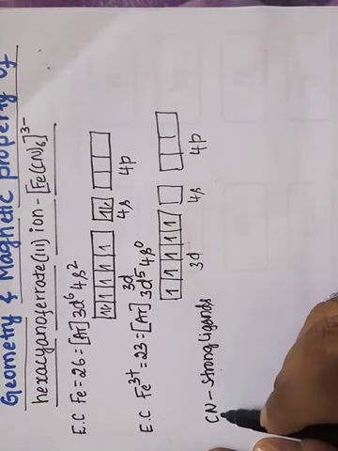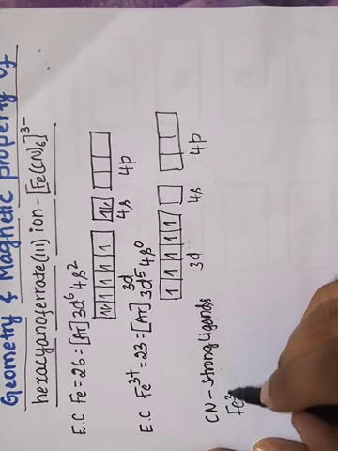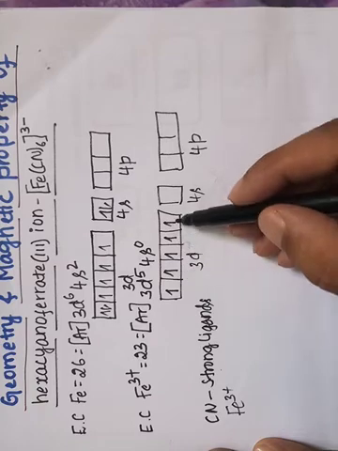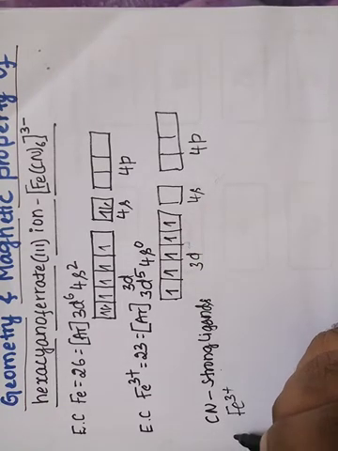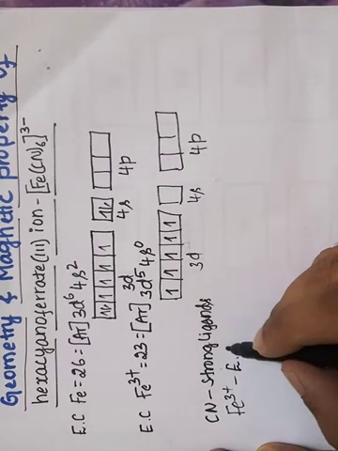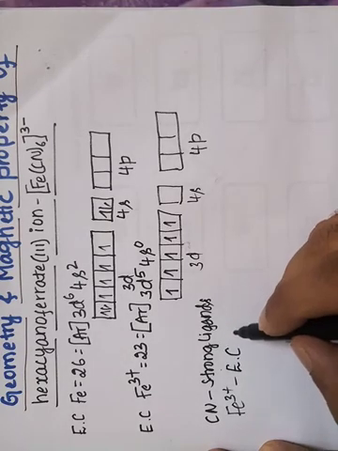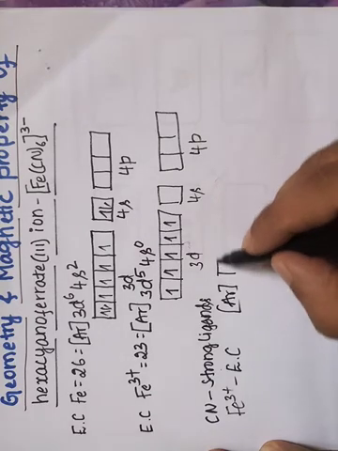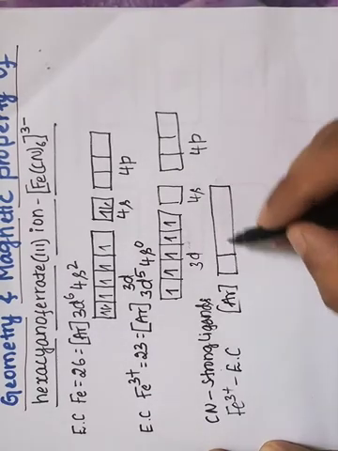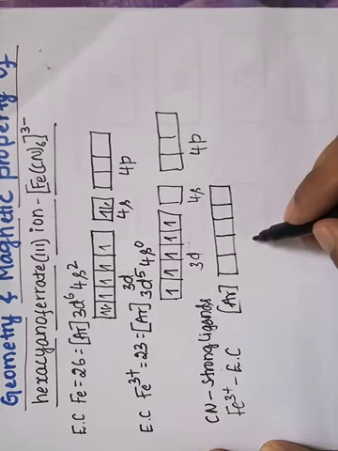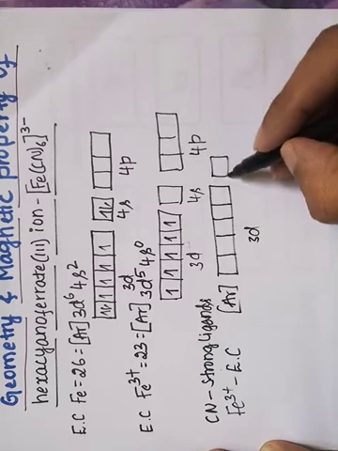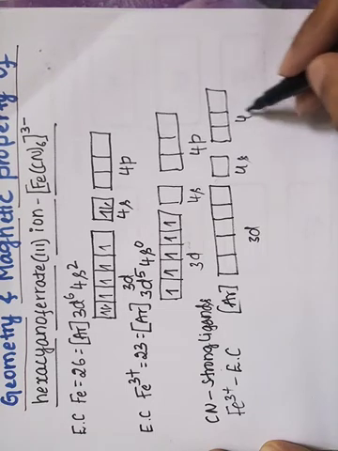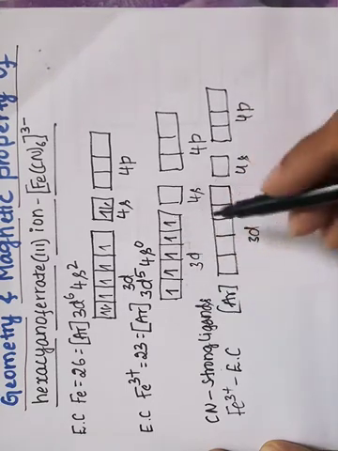So the electronic configuration of the Fe3+ ion is given by: the 3d orbital, the 4s orbital, and the empty 4p orbital. These 5 electrons will get paired up.